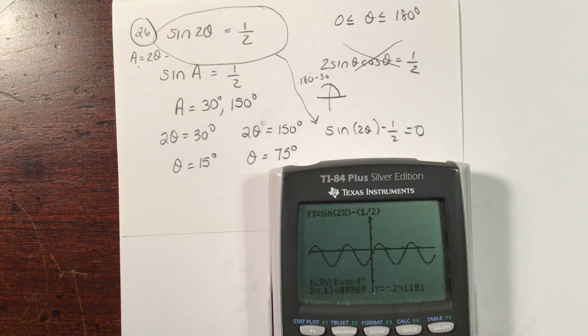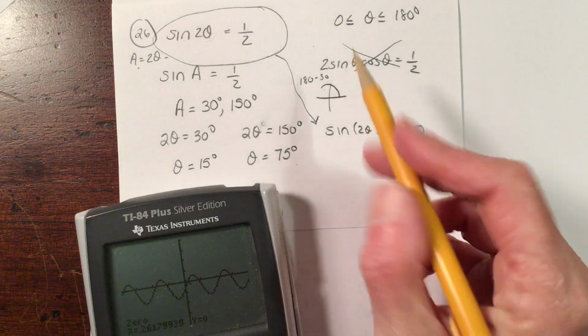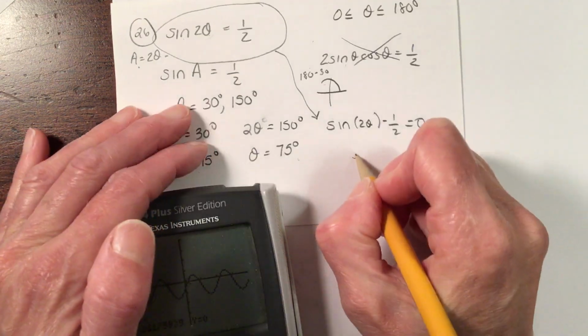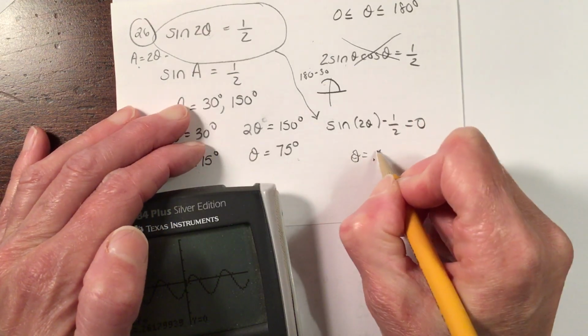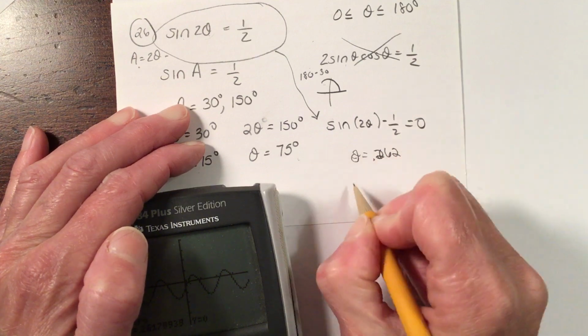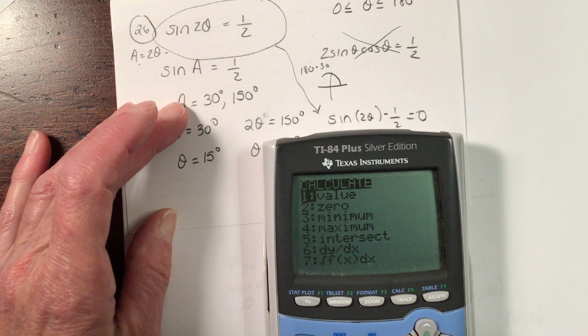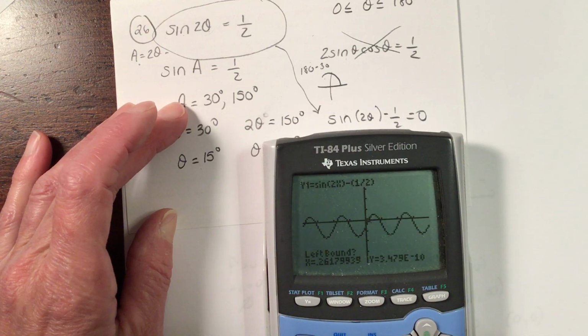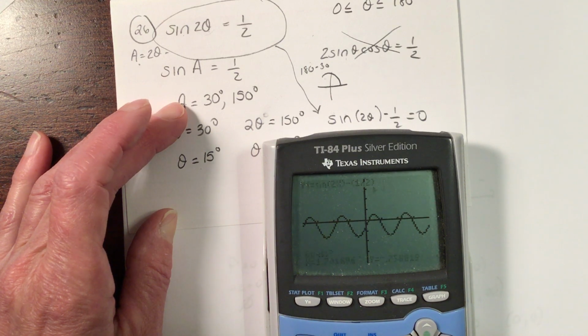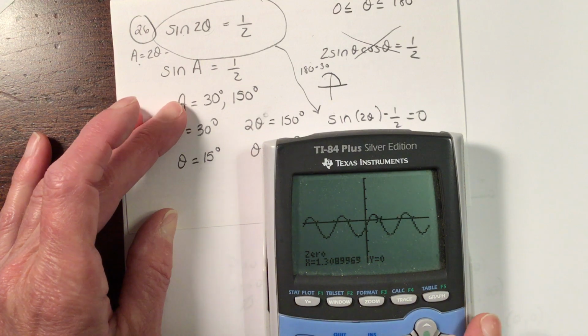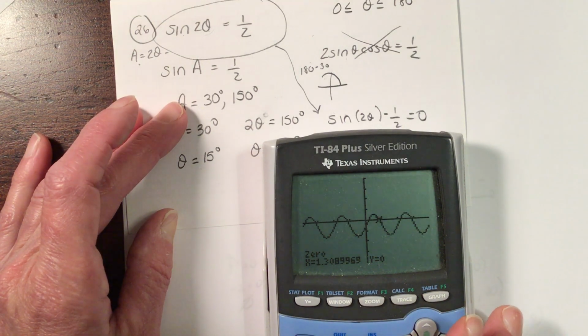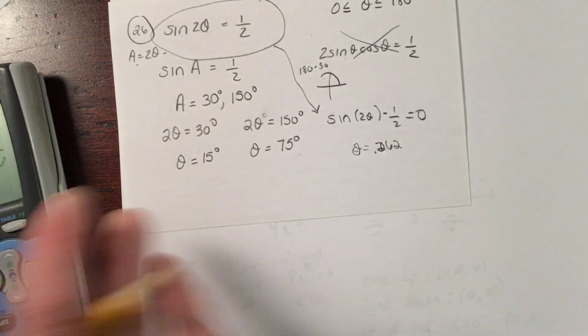And there's my x, which is going to equal 0.262. And then the second solution, over to the next x-intercept, my next solution will be x equals 1.309.